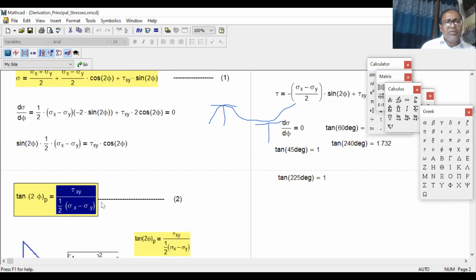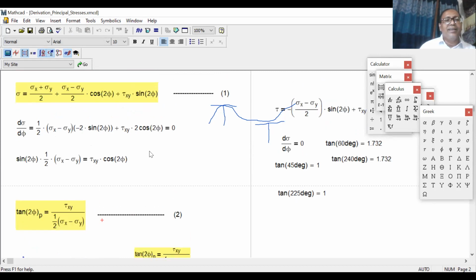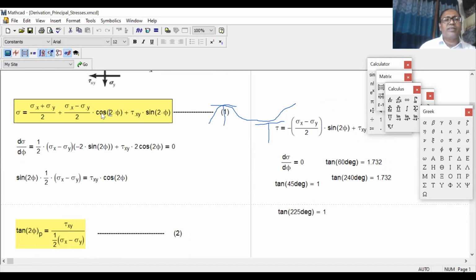Mathematically, you will get a certain value, say 1.11. If you use your calculator, you can figure out the angle. Say, for example, you get 2 phi equal to 42 degrees. You put it in the equation in the calculator, and you get the value of sigma.